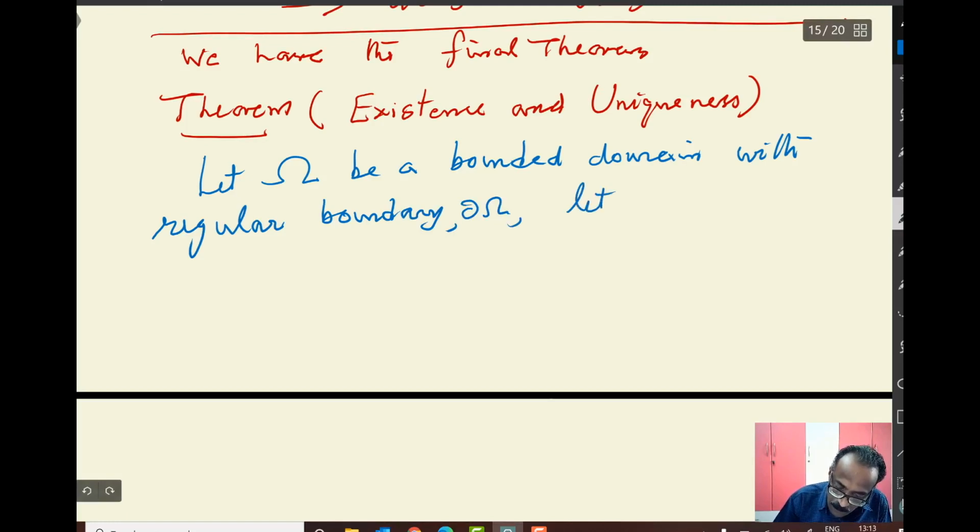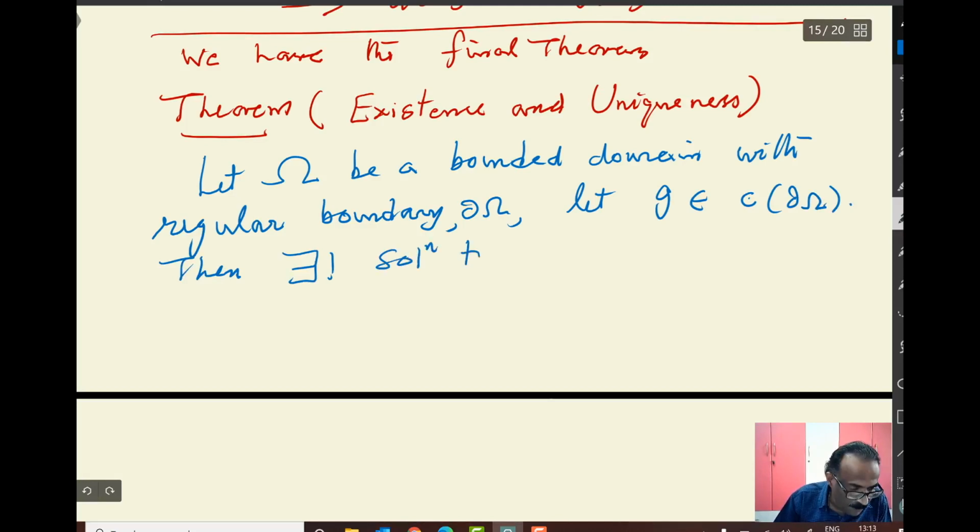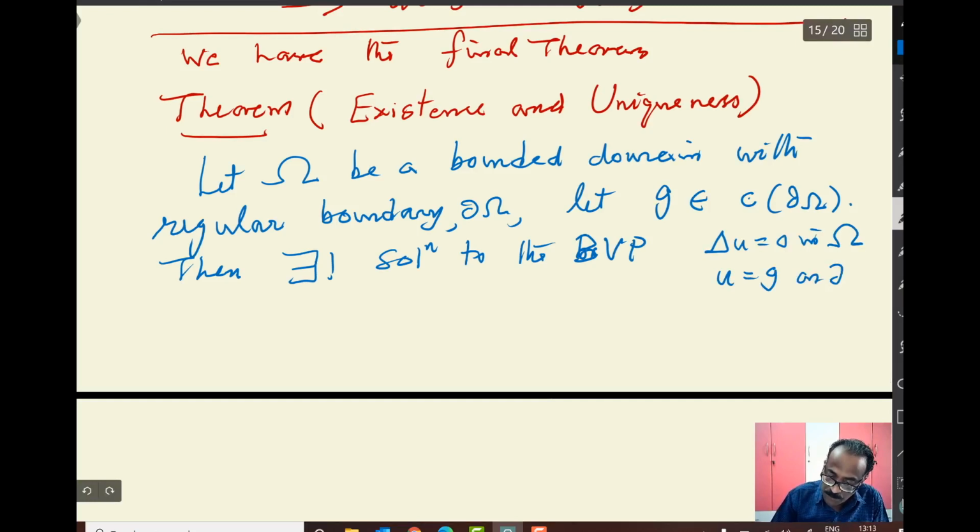Let G belong to C of d omega. Then there exists a unique solution to the boundary value problem, BVP, minus Laplacian of u, okay, doesn't matter because we are dealing with Laplacian of u equal to 0 in omega and u equal to g on d omega. So whenever you have a regular domain, this holds. But then there is a converse part.